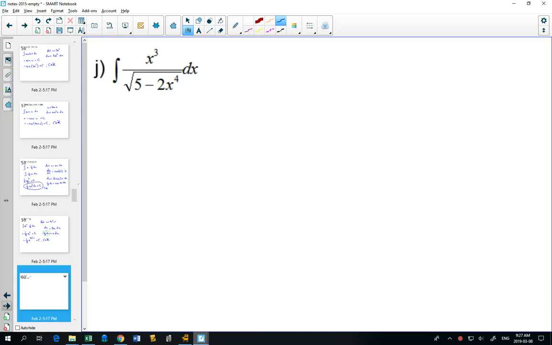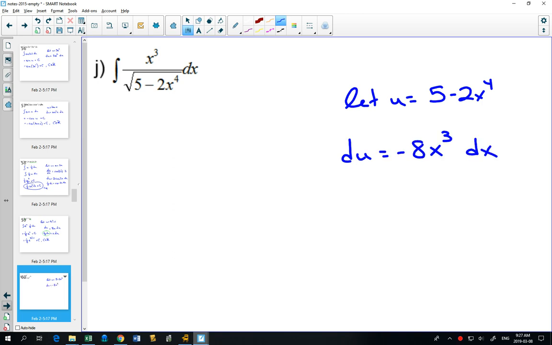Because now if I let u equal 5 minus 2x to the 4, then du will equal negative 8x cubed dx. And all I have in my equation is an x cubed dx, so I'll have to multiply both sides by negative 1/8. So I substitute in.